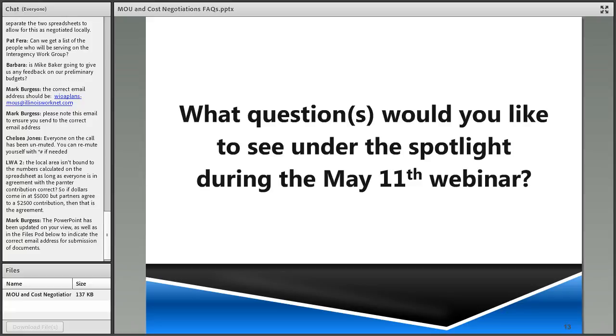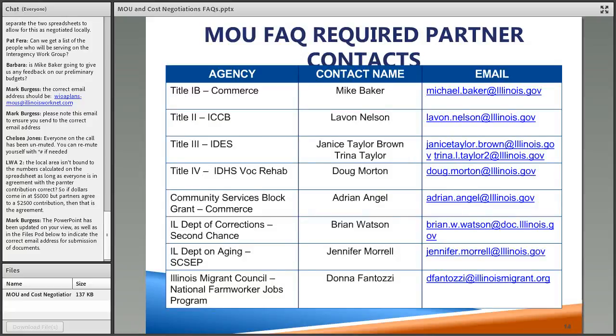And then the final slide is just, again, information that you should already have. And these are the contacts. If you have questions specific about the MOU or cost negotiations, these are the individuals that correspond to each partner that you should be asking your questions of.